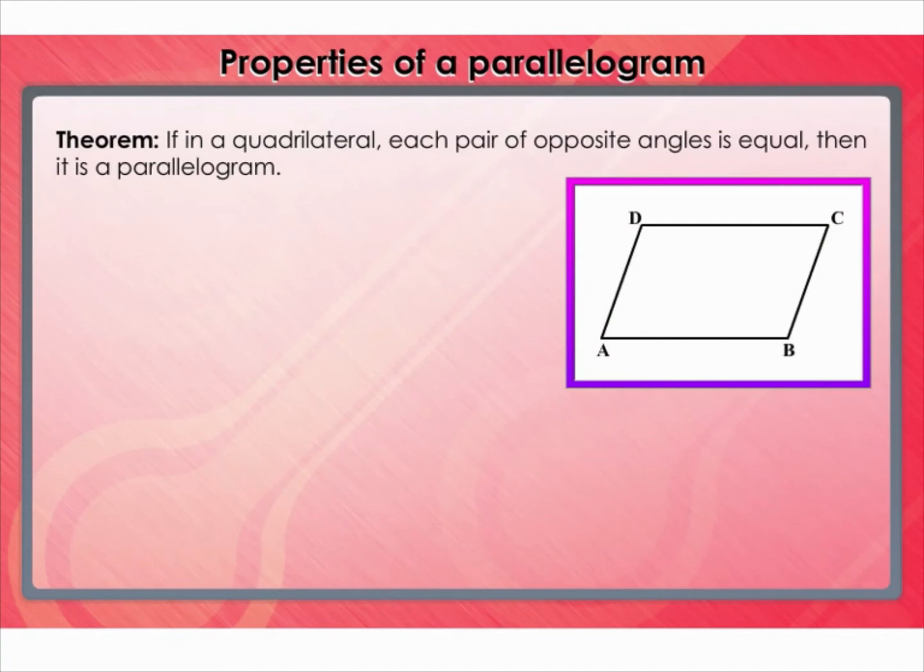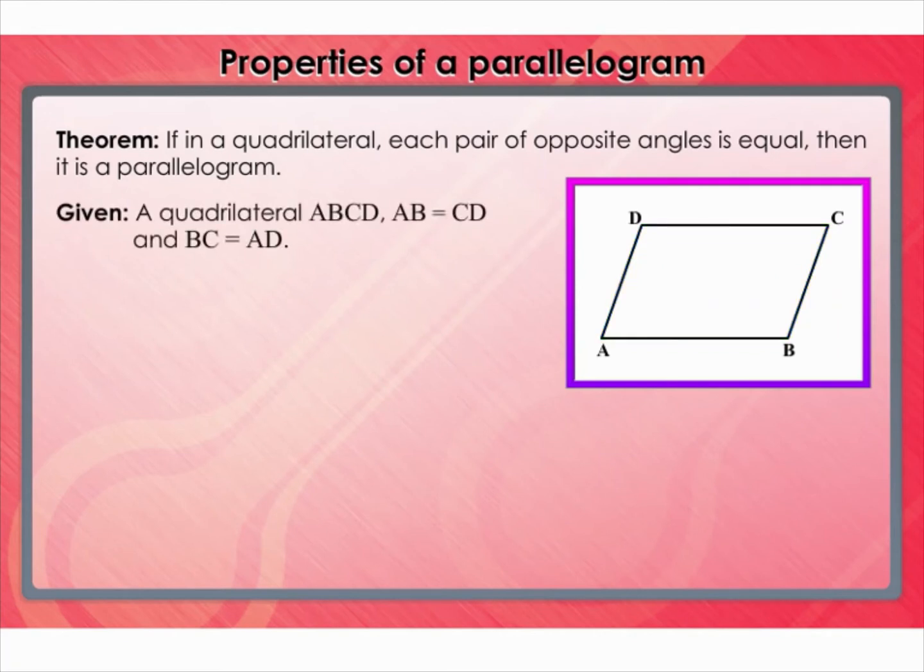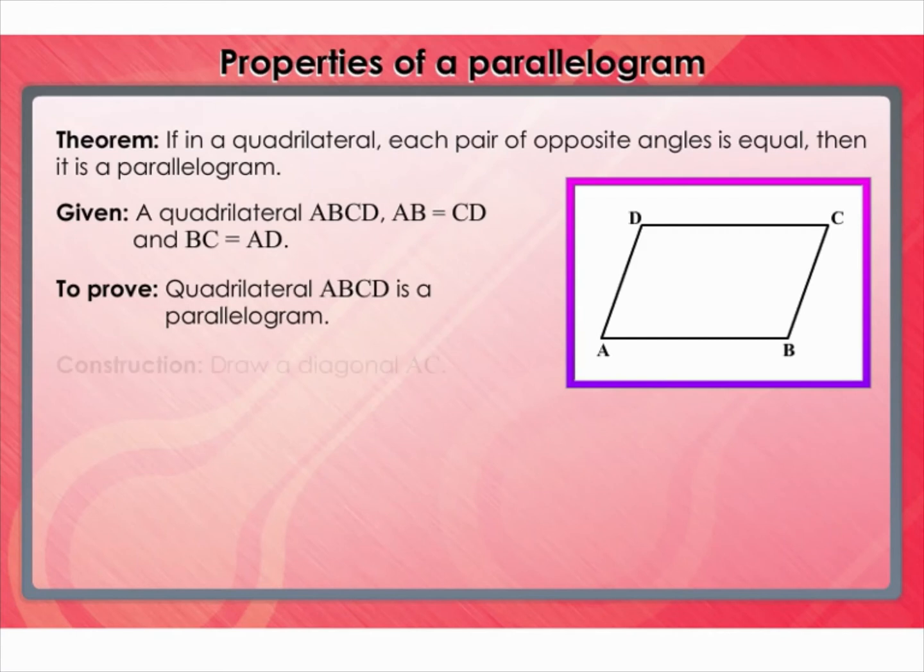Now, let's prove the next theorem. If, in a quadrilateral, each pair of opposite sides is equal, then it's a parallelogram. Draw a quadrilateral ABCD, where AB is equal to CD and AD is equal to BC. To prove quadrilateral ABCD is a parallelogram, we need to prove that the opposite sides are parallel.